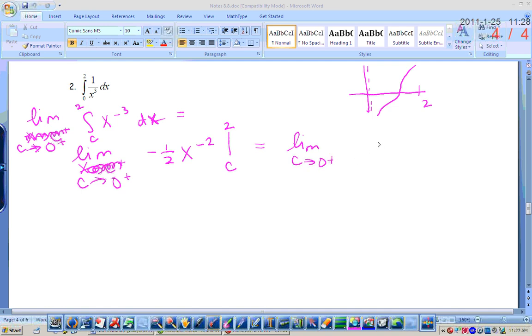Plug in my 2. I'm going to get negative 1/2 times 1/4.